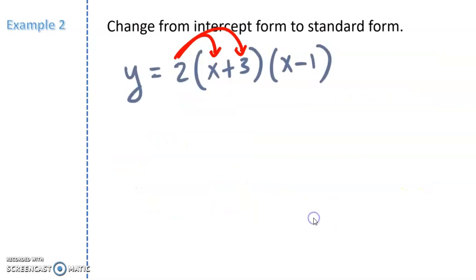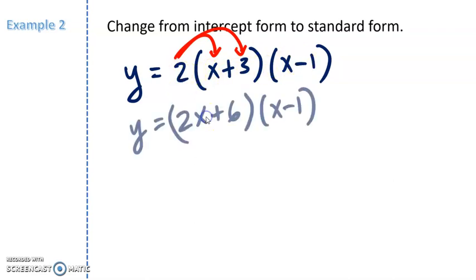Let's try another example. Pause, and write it down. Let's go ahead and distribute. We have y equals 2 times x plus 3 times x minus 1. We're going to distribute that a value first. And that's going to give us 2 times x is 2x, 2 times 3 is 6. Now we have two binomials, 2x plus 6 times x minus 1.